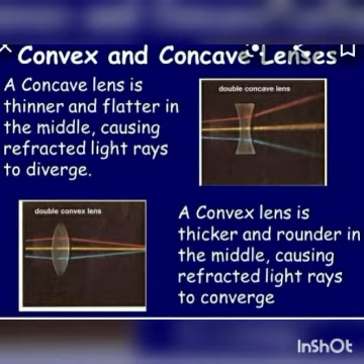The convex lens is thicker and rounded in the middle, causing refracted light rays to converge. So concave diverges the light rays, and convex converges the light rays.